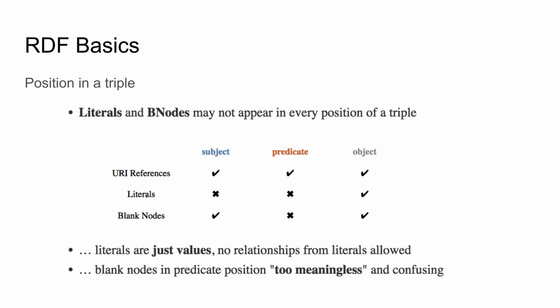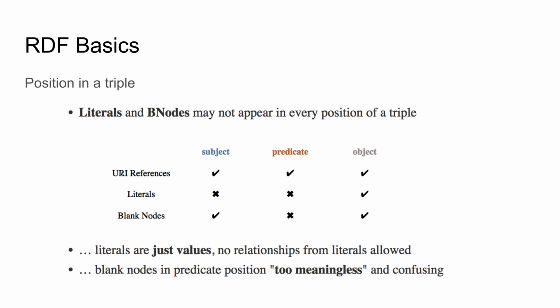Literals, when we want to express ages or telephone numbers, cannot appear in subject position, they cannot appear in predicate position, they can only appear in object position. So think about literals as just values. There's no relationship that you can further express from a literal. Once you've said Ilaria has age 34, there's nothing else you can express beyond 34.